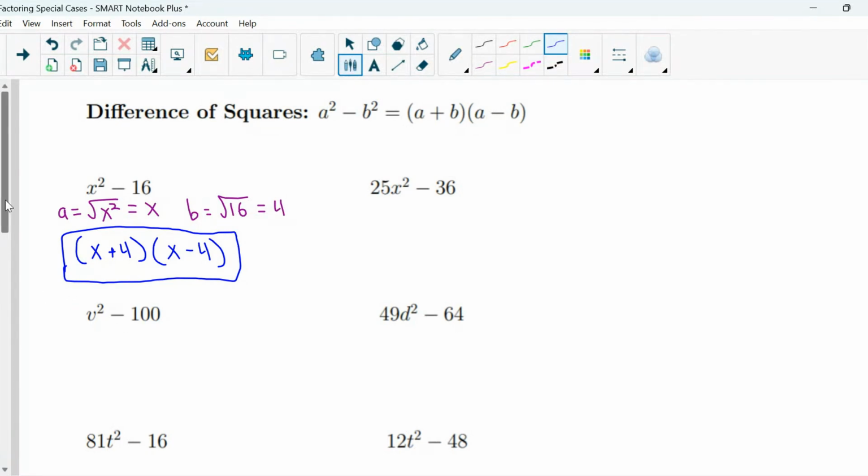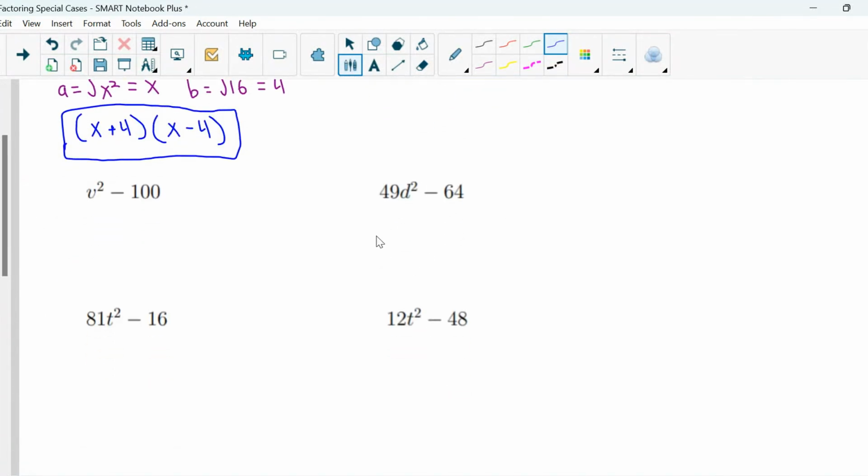Skipping around a little bit. In the second row, we'll do the one on the right. So once again, my a value is the square root of my first term, which would be 49d squared. The square root of 49 is 7. The square root of d squared is just d. And for my b value, I'm taking the square root of my second term, which is 64.